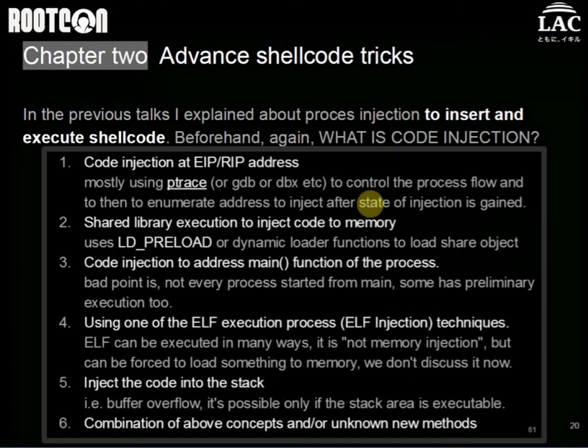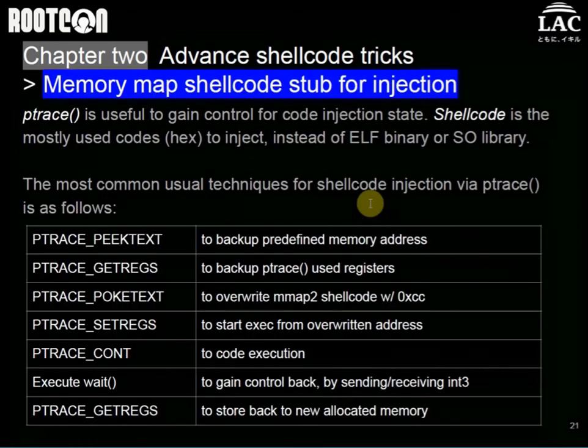Using the ELF execution process, for example, ELF sections can be tampered with, and ELF link libraries can also be tampered with, and the tampering can cause the execution of either objects, binaries, or shellcodes too, and a combination of all of those techniques can be used.